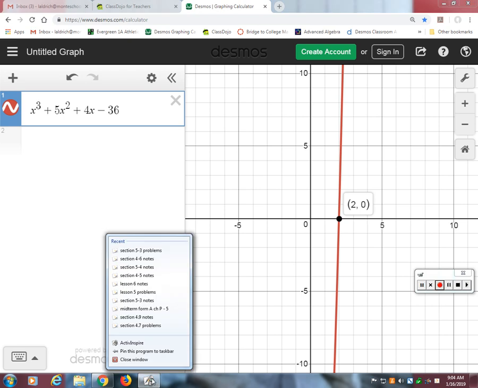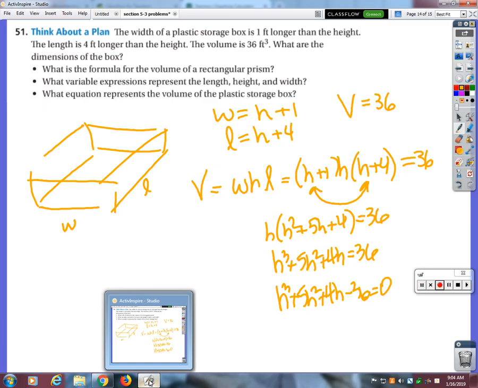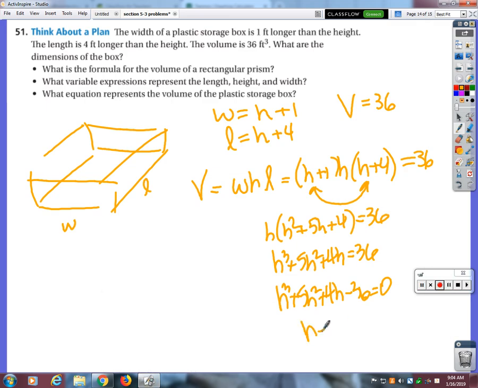So maybe we could factor that somehow. Yeah, maybe if we did something earlier, you might be right. So h is equal to 2, which means that w is equal to 3, which means that L is equal to 6. Yep, and if you multiply those together, 2 times 3 times 6 is 36. So we have met all of the requirements. It's a modern day miracle.